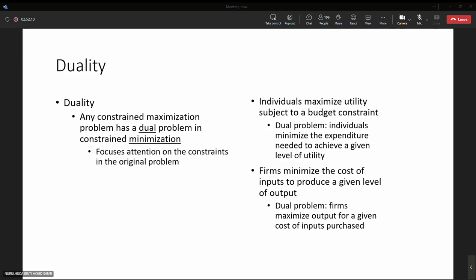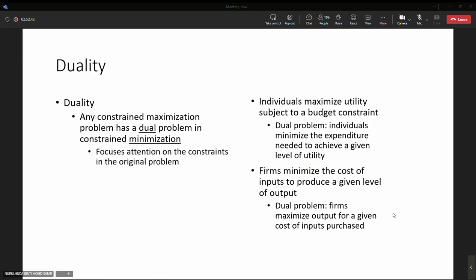If we have the maximization problem, we have sets of demand functions that we can derive from there. If we use the budget minimization problem, there's a different set of demand functions that we derive, but there's a way to link these two because of this duality.